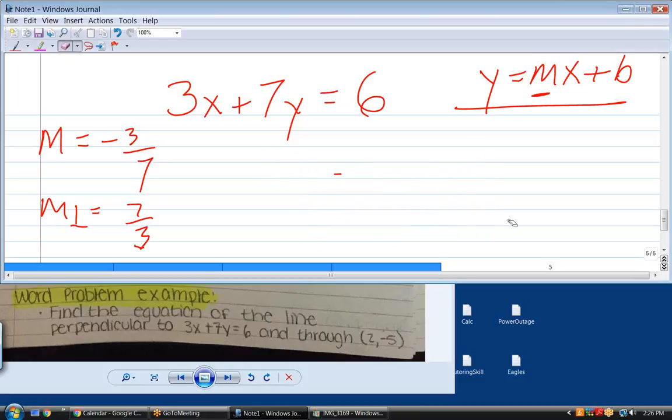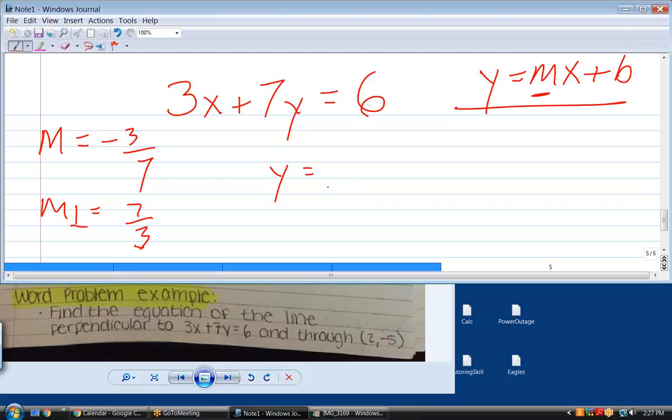Okay? So now let's talk about this perpendicular line. What do I know about it? In other words, if I want to write it in this y equals mx plus b format, what do I know? You know that y equals -3/7.